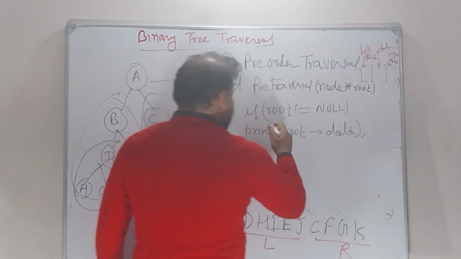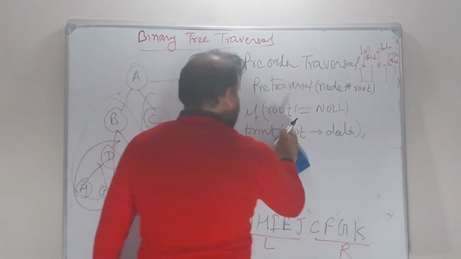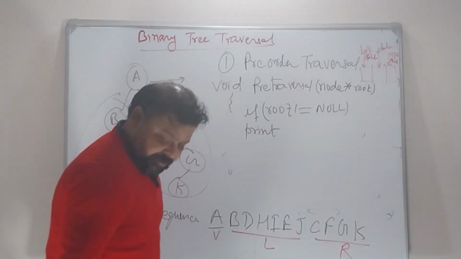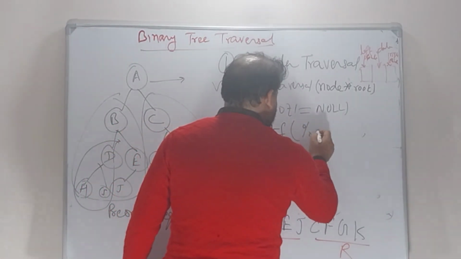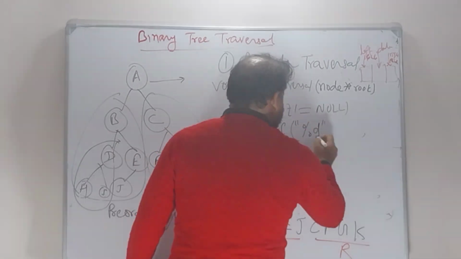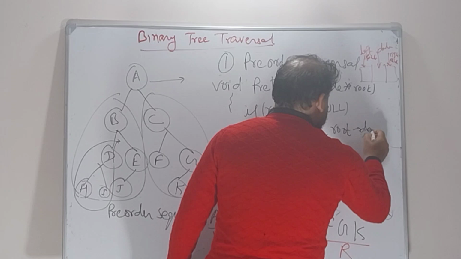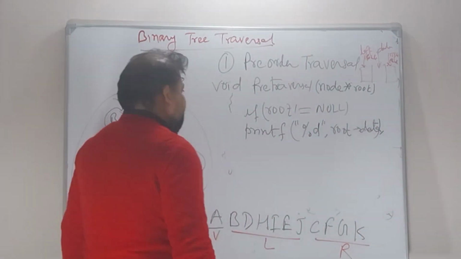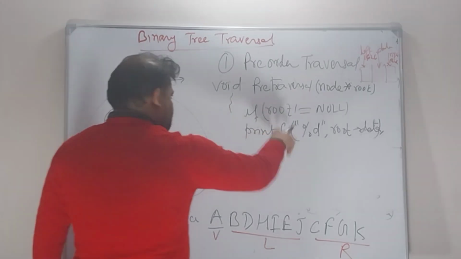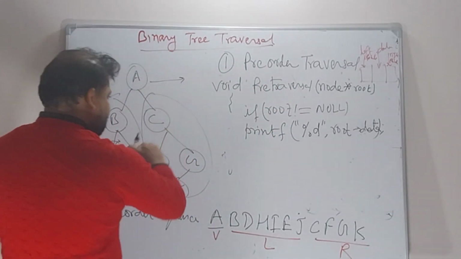Here you can use printf %d, so printf %d with root data, and after that you recursively call this function to traverse the rest in the same manner.